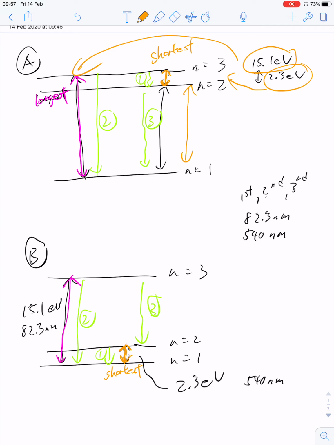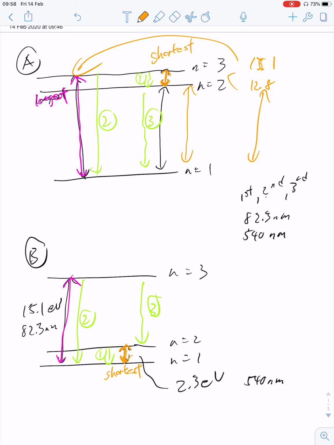What that's telling us essentially is this, the energy level here, so this here was 15.1. The one left over is 12.8. That's how we understand that the last energy level, this drop from here to here, is 12.8.